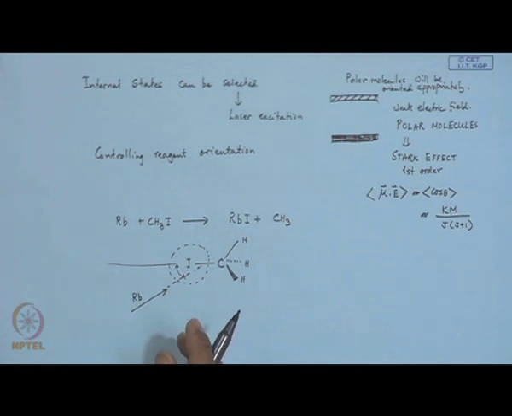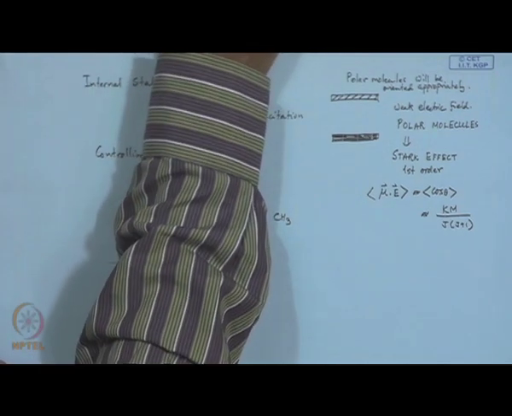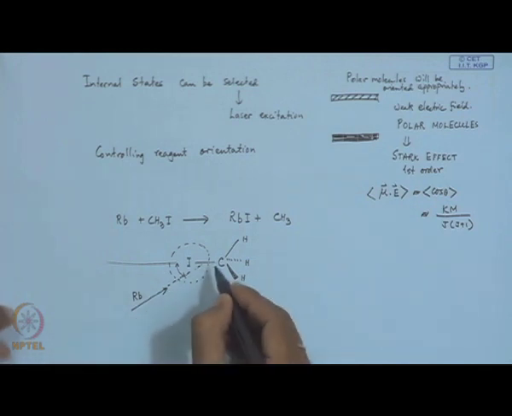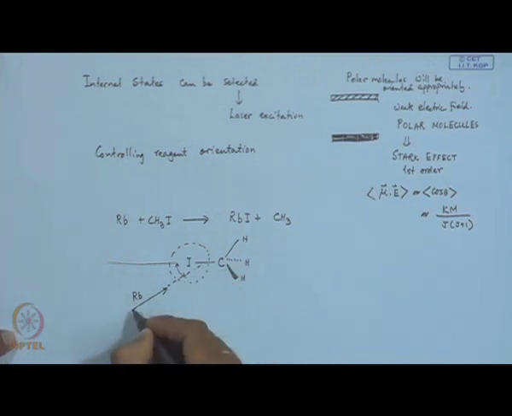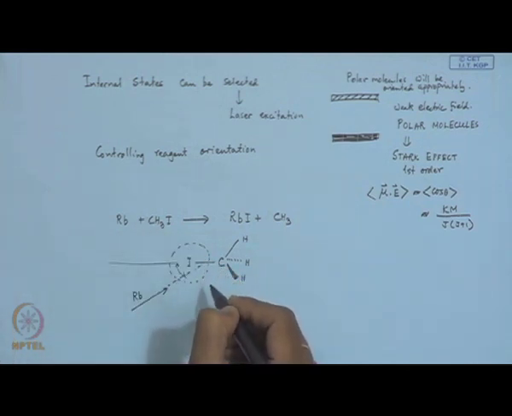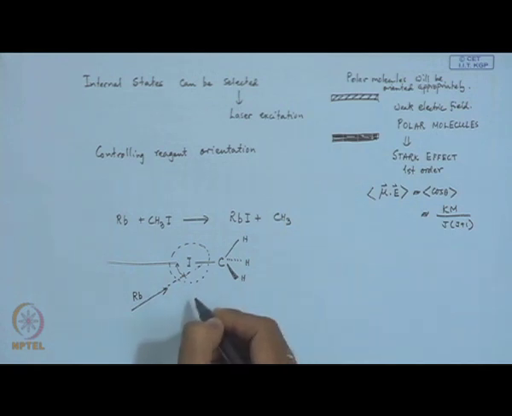If you want more details on that, you can go through Levine's text. The basic idea is that if it is attacking from this side, or this side, or this side, the amount of backscattered product you get is more or less, and that will give you the idea.